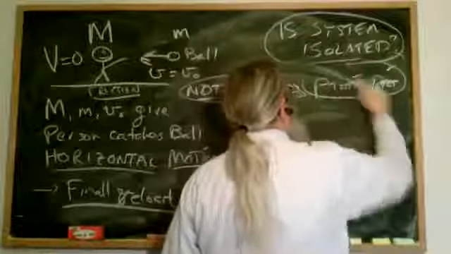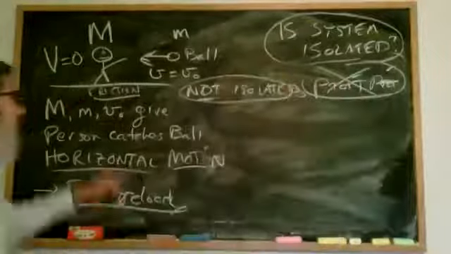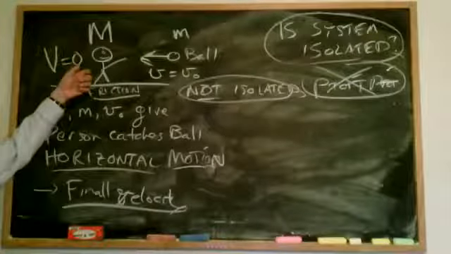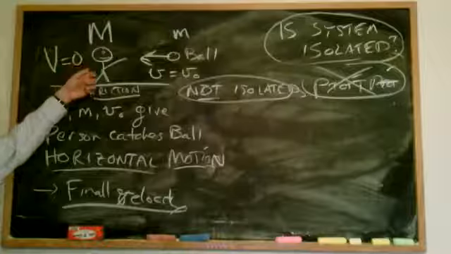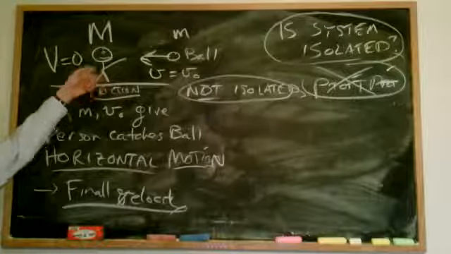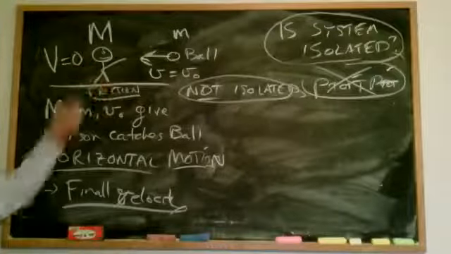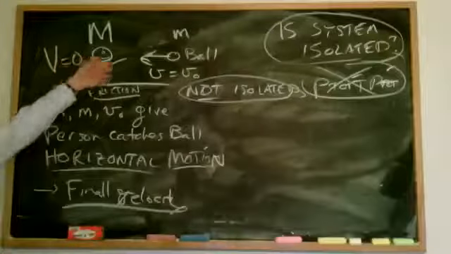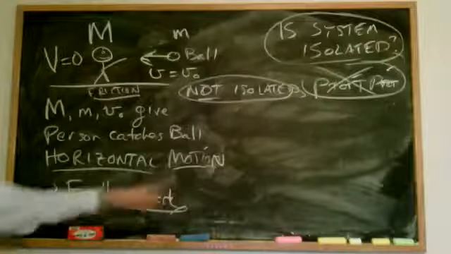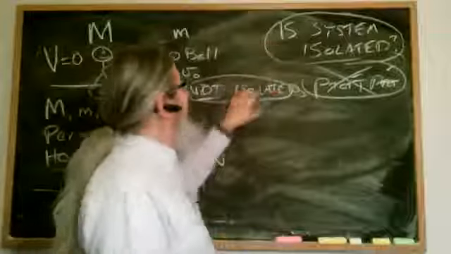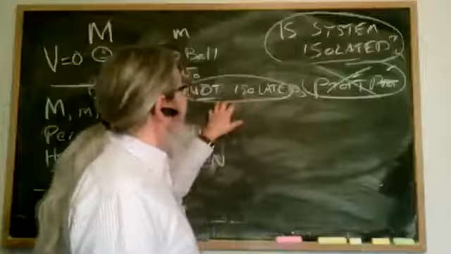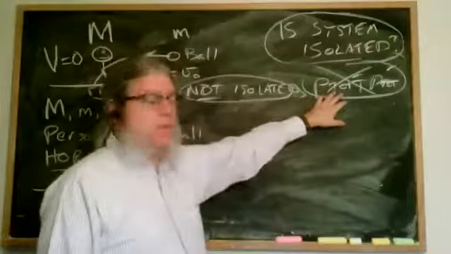That doesn't work if I'm standing on the floor or the grass or the ground, or I'm a car with tires. Anything where there's friction that could come into play during the collision means the system is not isolated, and therefore you can't use conservation of linear momentum.